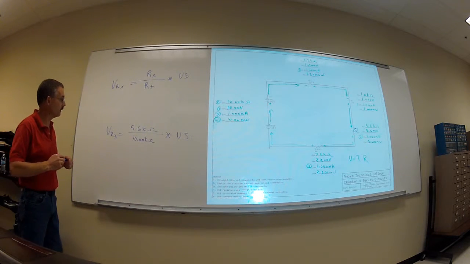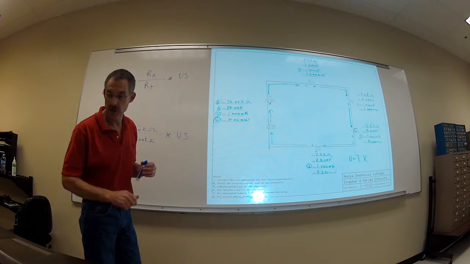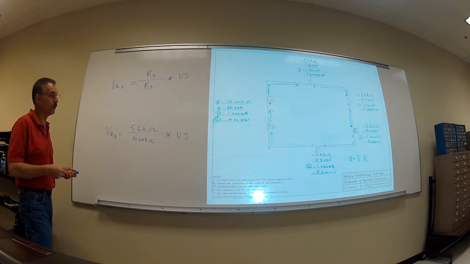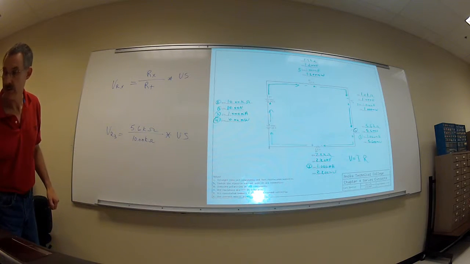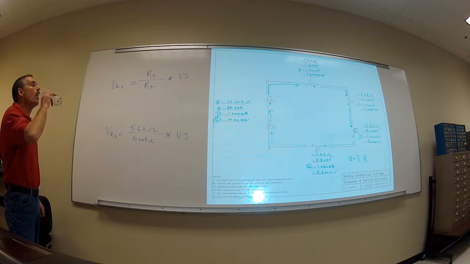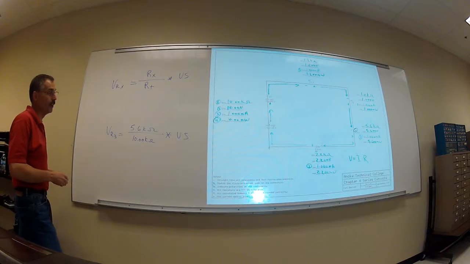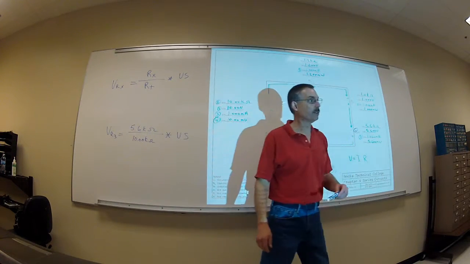So take 5.6 kilo ohms, divide by 10 kilo ohms, hit your equal sign, and then multiply by your voltage source and see what you end up getting for a voltage. And you should get 5.6 volts.